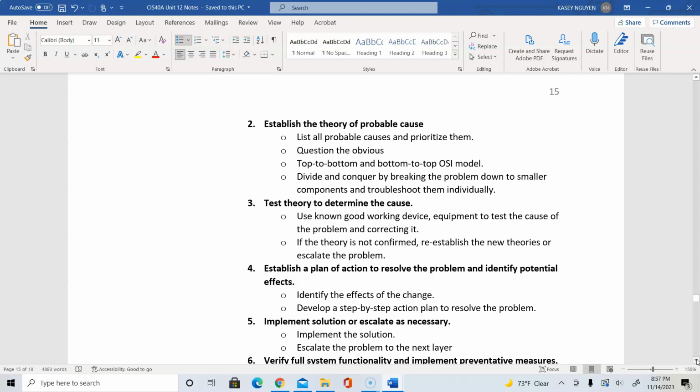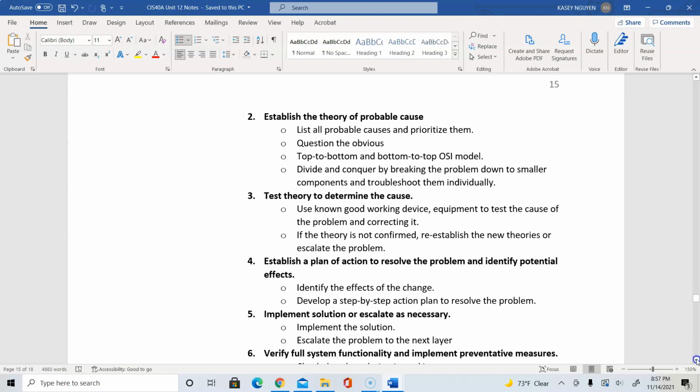Third step is to test the theory to determine the cause. Use a known good working device to test the cause of the problem and see if it's a way that we would correct it. If the theory is not confirmed, we would reestablish a new theory or escalate the problem.